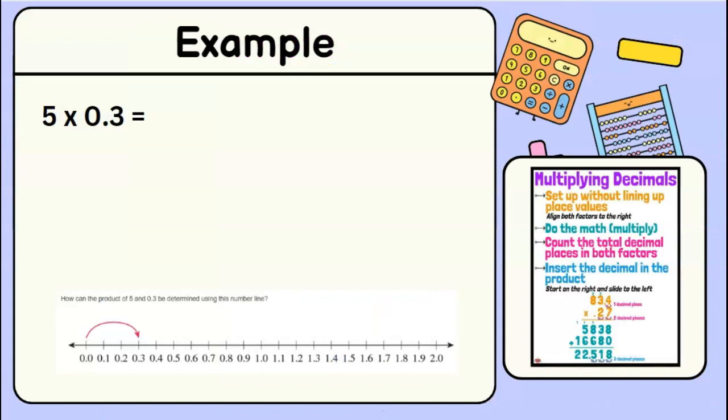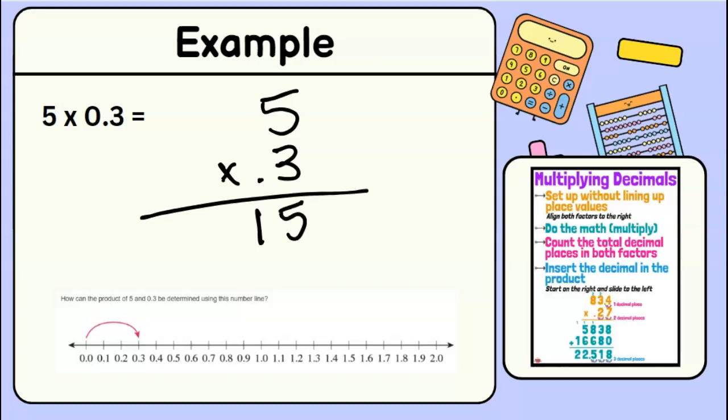So here I've got 5 times 0.3. I'm going to set it up like I would when I'm multiplying any regular numbers. I'm going to multiply this out. So 5 times 3 is 15.